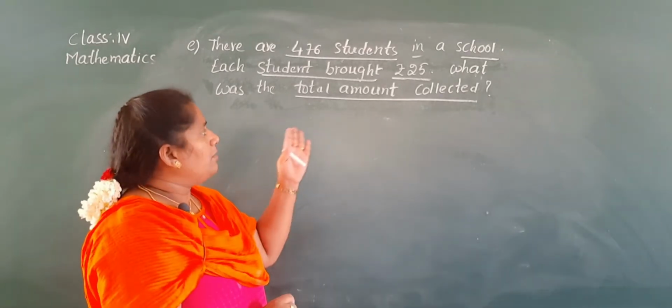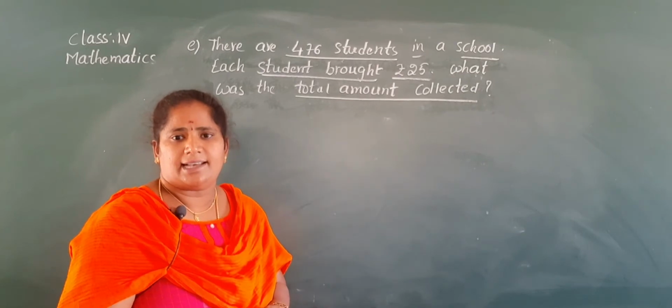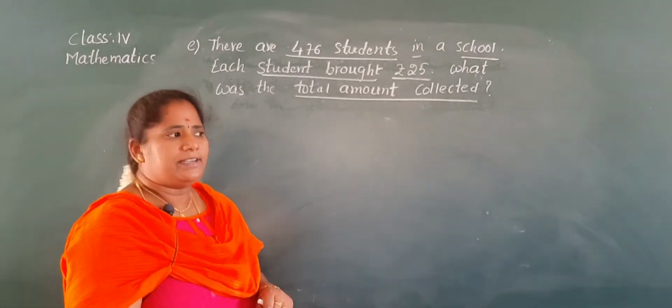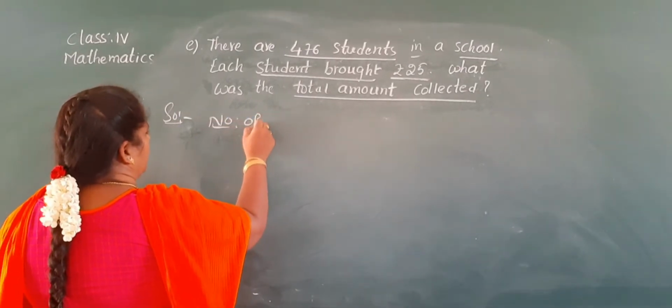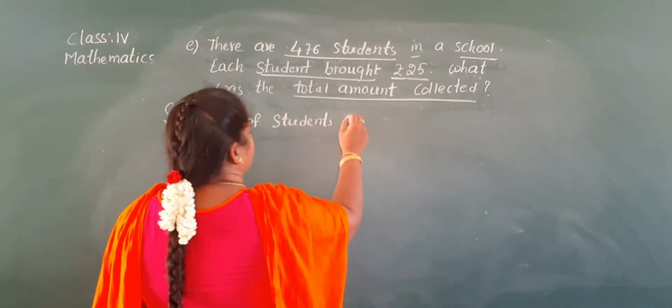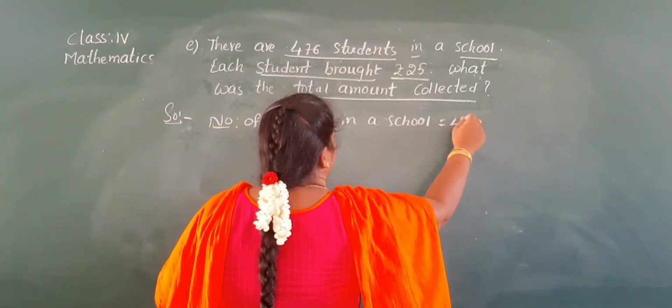Then how much amount was collected from all the students? How do you get this answer? By doing multiplication. Come on, tell me the steps. First, the number of students in a school, 476.